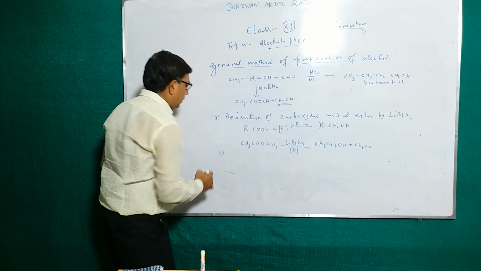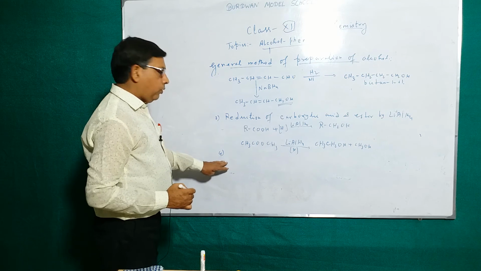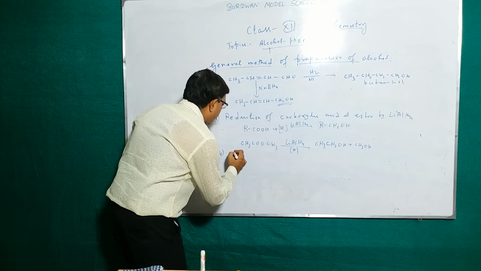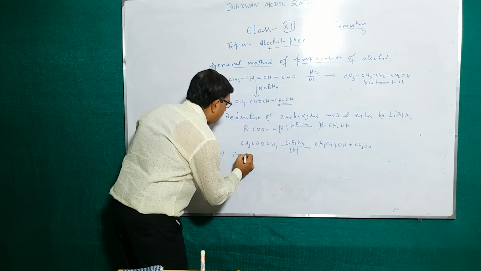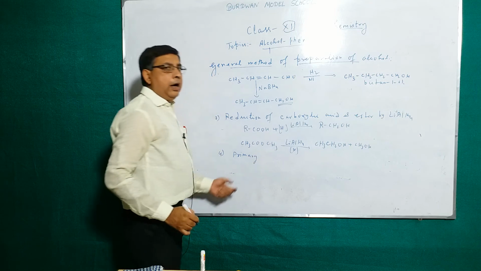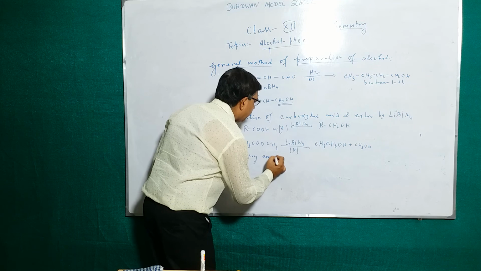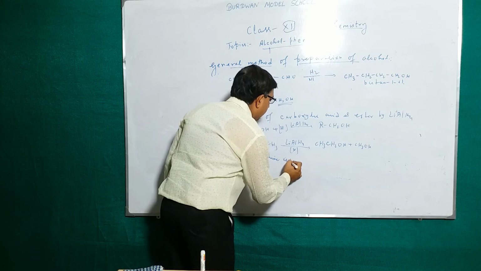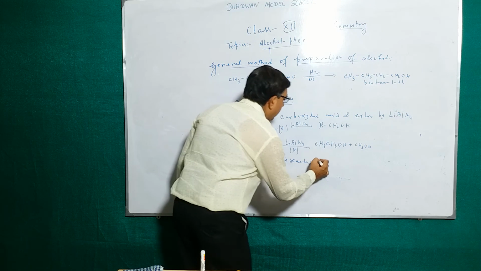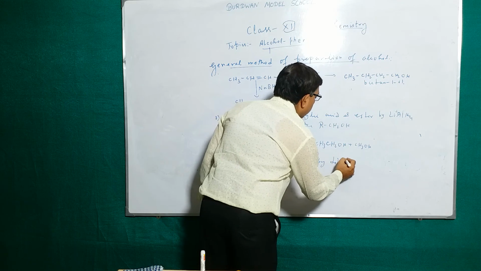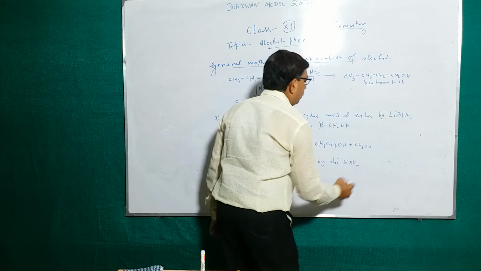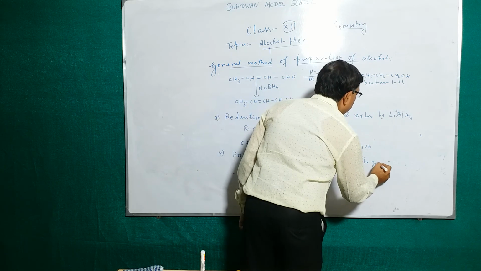The fourth method, this is the last for today's class. The fourth method is the primary amine. You know the formula of primary amine, RNH2. Primary amine reacts with dilute nitrous acid, HNO2, to give alcohol.